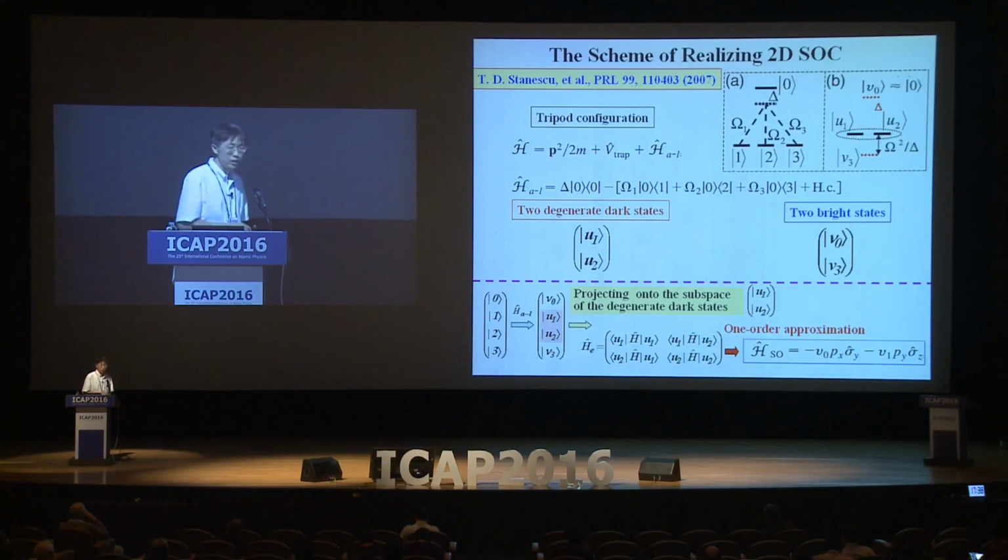Lately, this scheme was further developed by this work. When three lasers couple this tripod energy level, it leads to two degenerate dark states and two bright states.